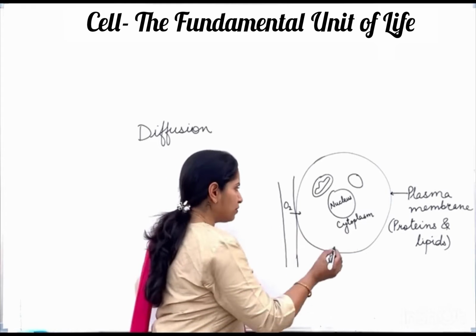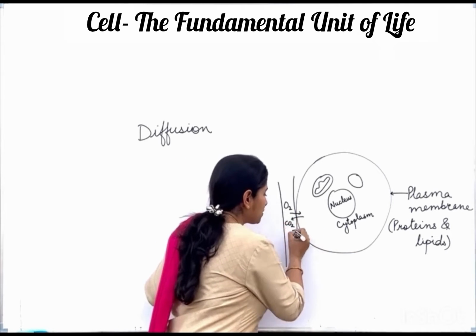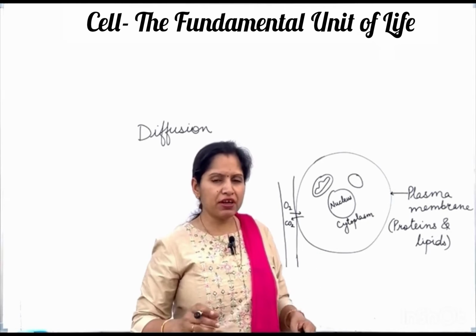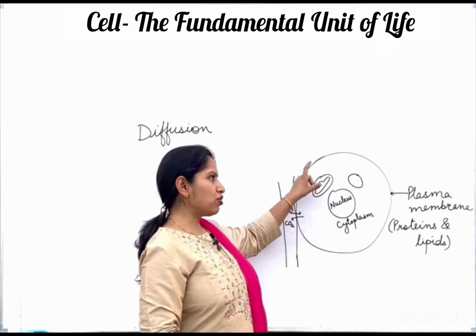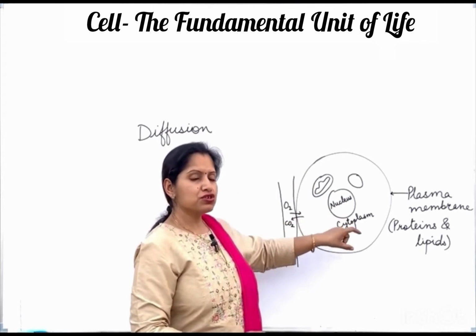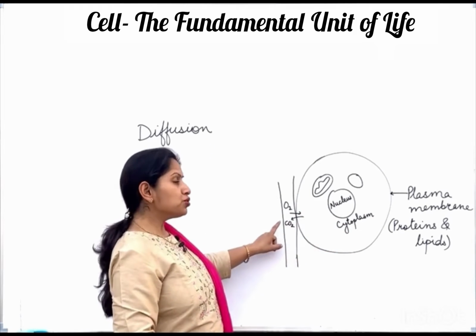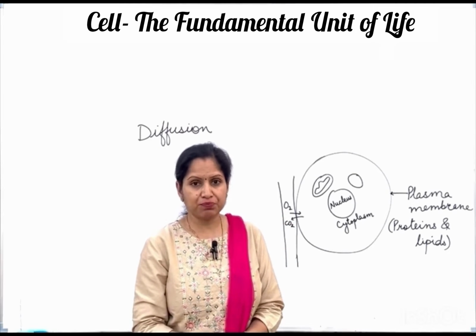Apart from that, carbon dioxide from the cell comes into the blood capillaries, because these blood capillaries have oxygenated blood, so all the carbon dioxide is removed from that. So what will happen? The carbon dioxide concentration is more in the cell. So the carbon dioxide will move from its region of higher concentration to the capillaries where there is less concentration of carbon dioxide.